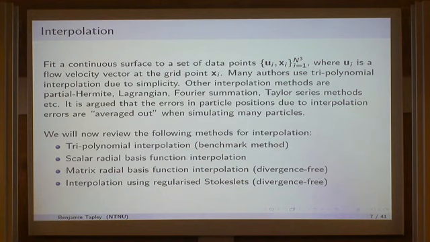Again, a lot of authors argue that the errors from the interpolated vector field are averaged out when you consider thousands and thousands of particles, and they don't consider it to be much of a problem. But this argument isn't strongly supported by numerical evidence. So we're going to review a few interpolation methods.